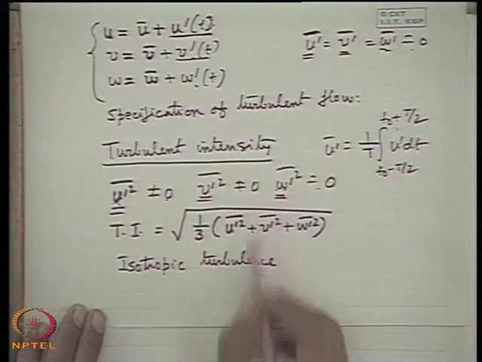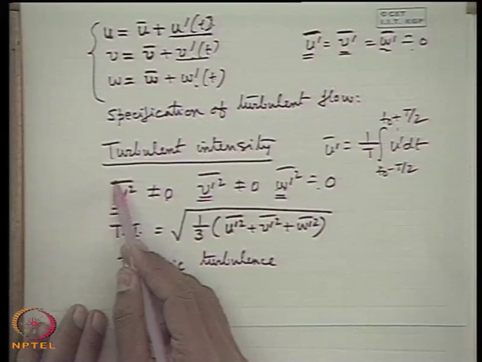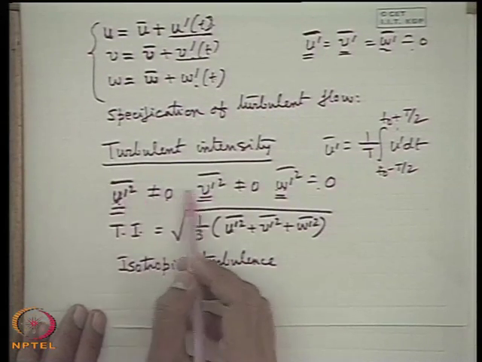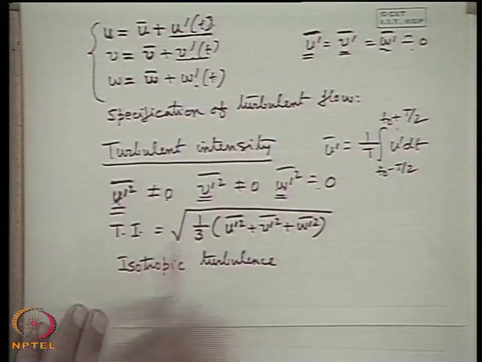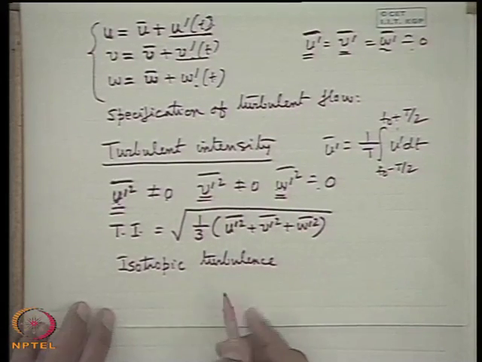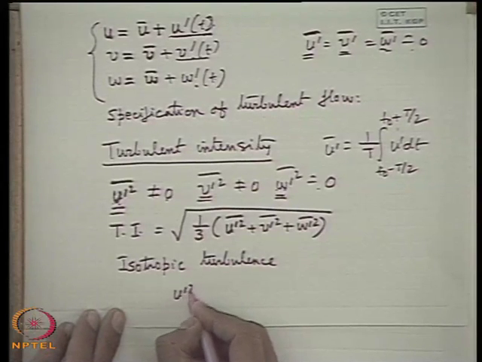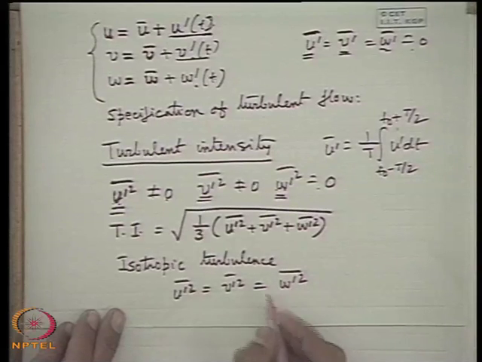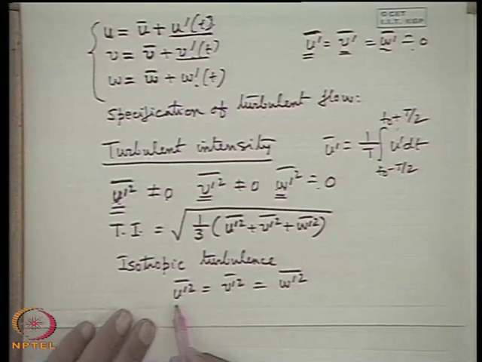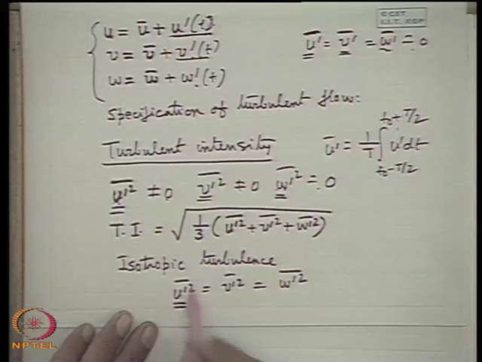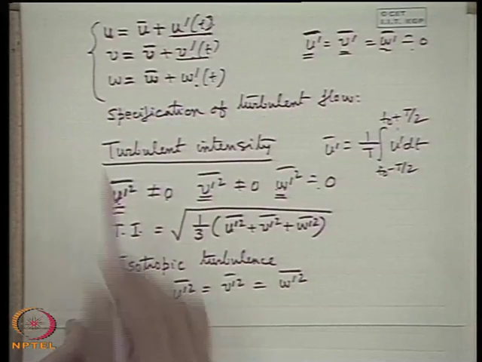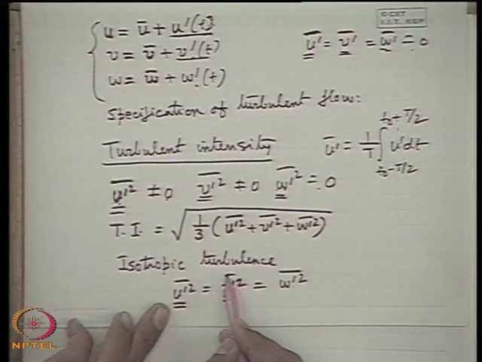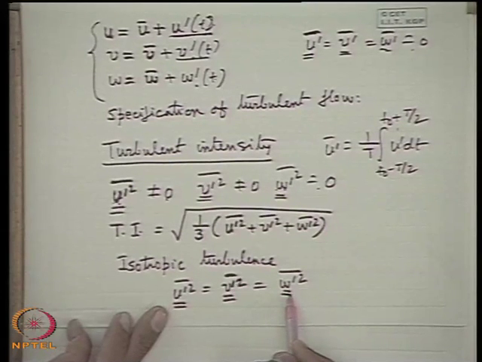That means the time mean value of the square of the fluctuating components is independent of the space coordinate directions, which means that u dash square is equal to v dash square for isotropic turbulence. That means if the turbulence is isotropic, this signifies the intensity of the turbulence for the x direction velocity component, this for the y direction velocity component, and this for the z direction velocity component. So, individually they are equal.